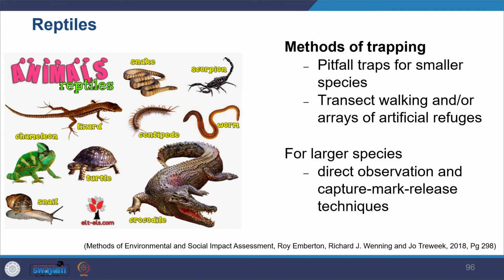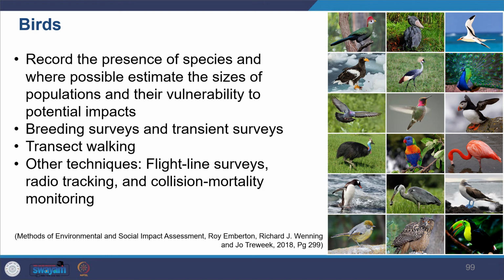And then you have to make a listing of the birds as well, and see what kind of species and what quantity, size and populations are there. The bird survey includes breeding surveys and transient surveys. And then you can also use transect walking. There are also other techniques like flight line surveys, radio tracking and collision mortality monitoring.